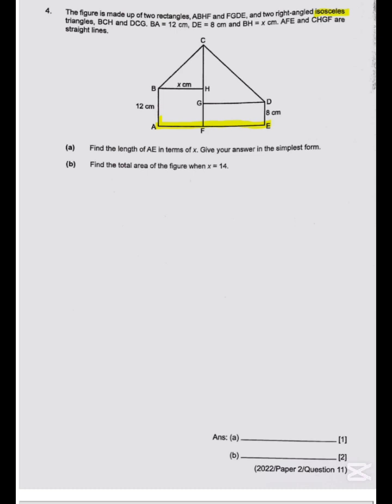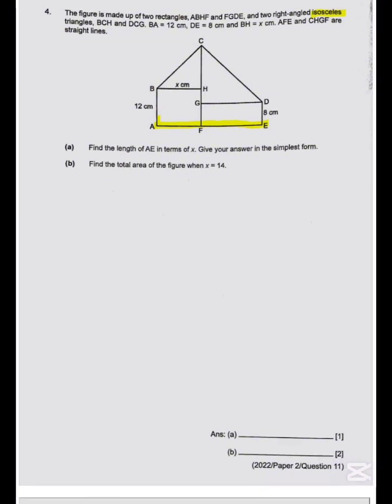Okay, so let's process the information first. So for isosceles triangles, right? There's a right angle, right? Over here, there's a right angle too. So for isosceles triangles, the line CH, this line, will be equal in length to BH, right? Because it's an isosceles triangle.